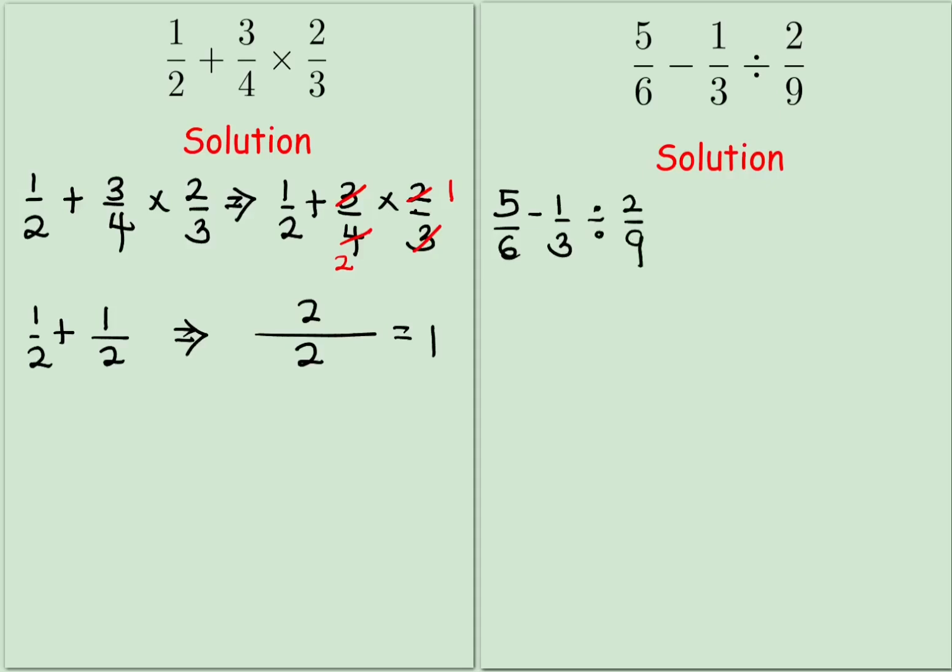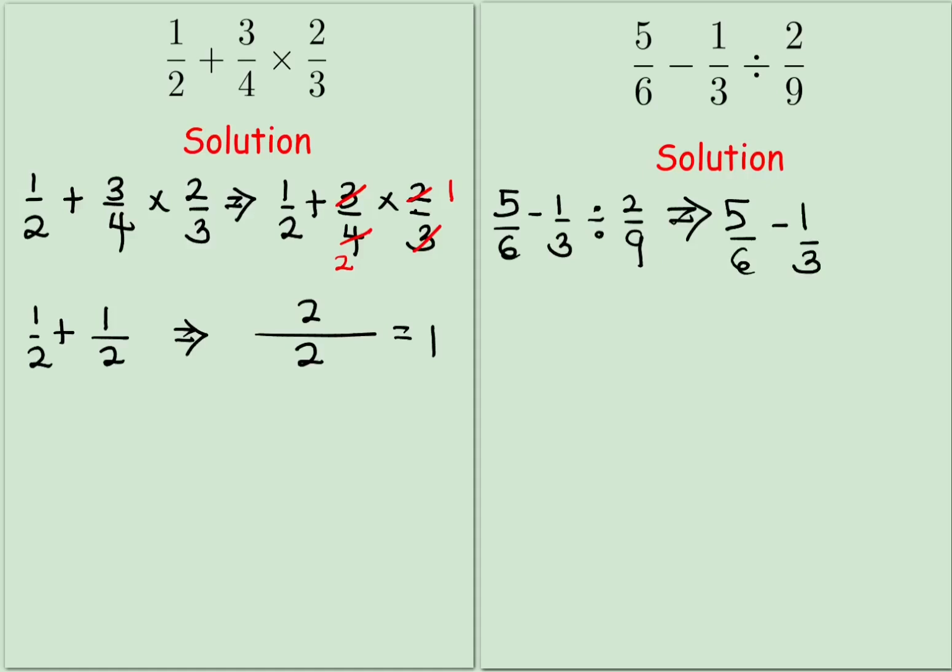You take note, there is division and subtraction. In our rule, we should look at division before subtraction. So let's do the division of this we have over here. It then gives us our 5 over 6 minus 1 over 3.